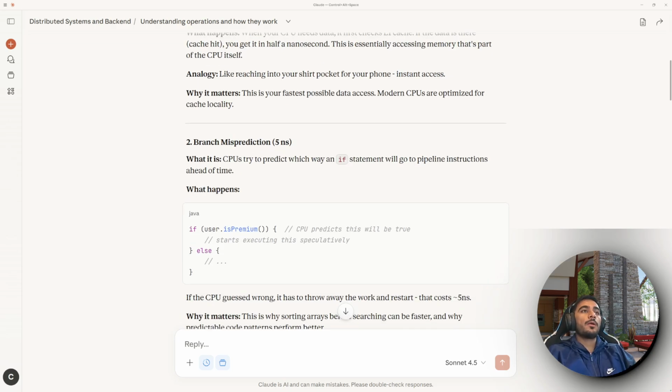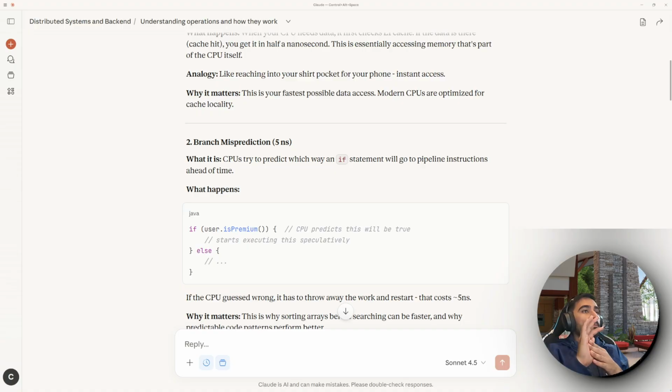Branch misprediction takes 5 nanoseconds. What is it? CPUs try to predict which way an if statement will go to pipeline instructions ahead of time. When code is converted via a compiler into machine code and run on your architecture, it might have if statements, which are converted into an assembly equivalent, whether ARM or x86 processor.